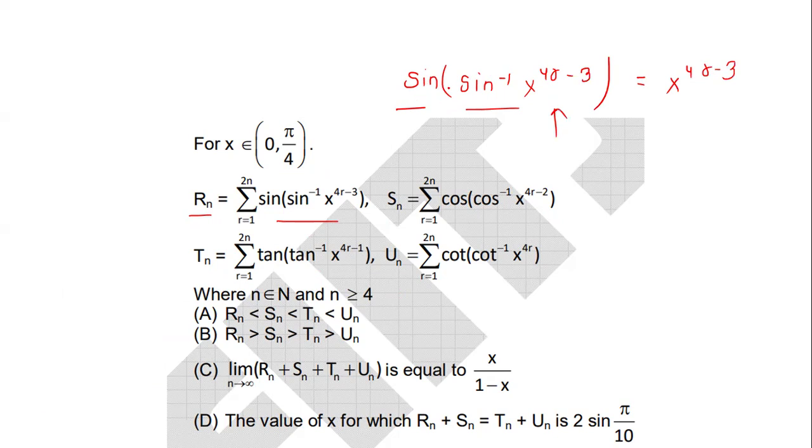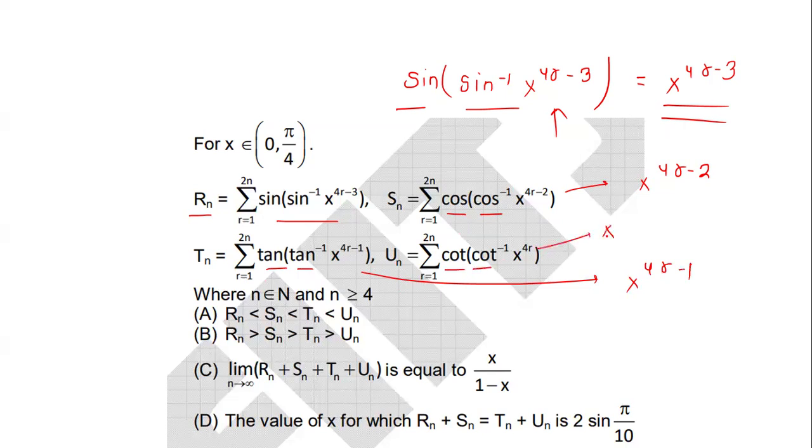So sine and sine inverse cancel each other, and the remaining thing is x power 4r minus 3. Similarly, here the remaining thing is x power 4r minus 2. This cos and cos inverse cancel each other. This tan and tan inverse also cancel here. So this is x power 4r minus 1, and this cot and cot inverse also cancel. So this is x power 4r.